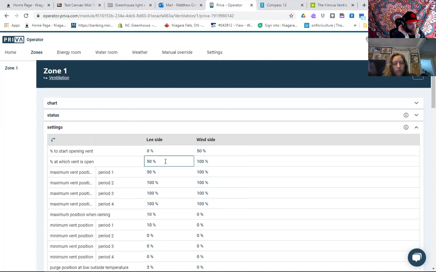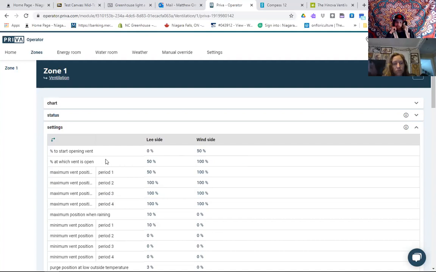And moving down, the percentage at which it's fully open. So the lee side vent will be fully open at 50% cooling. And the wind side will take 100% cooling for the vents to be 100% open. We can set this higher. Oh, okay. Sorry, I think the other one you can set higher. Maybe I'm looking at the wrong portion.